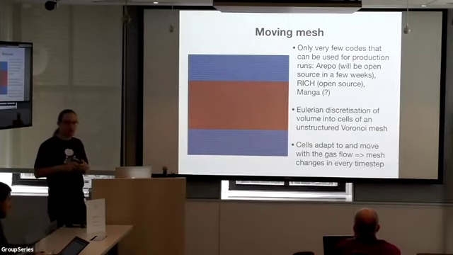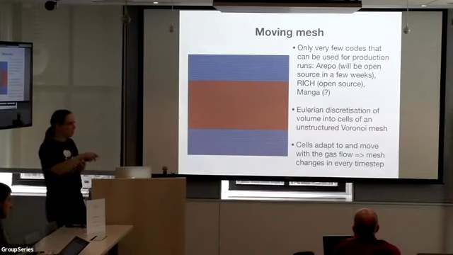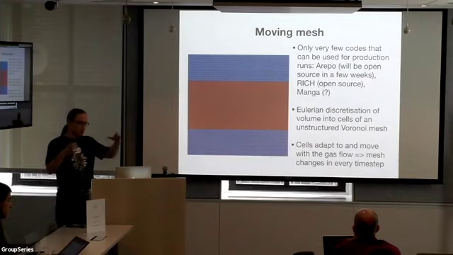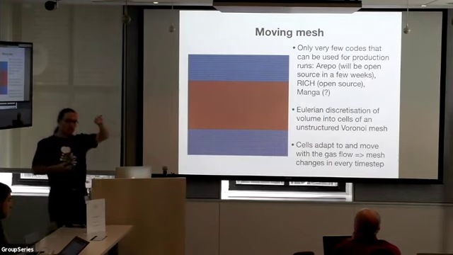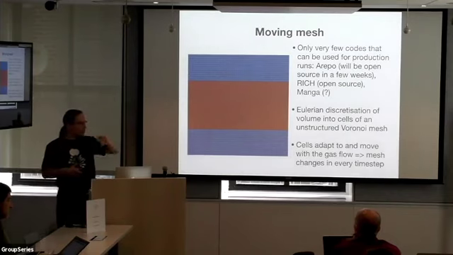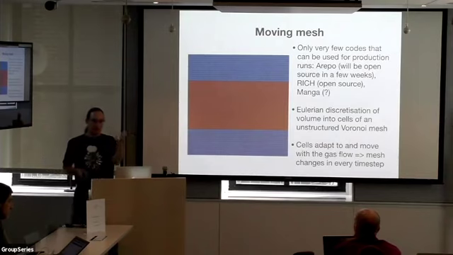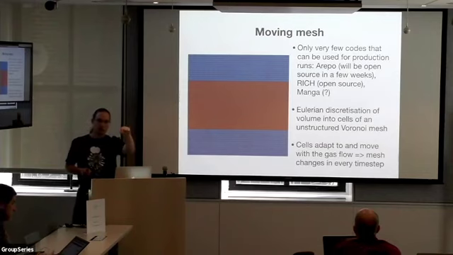The important property of this Voronoi mesh is that it's spanned up by a set of mesh generating points. The definition of the Voronoi mesh is that every mesh generating point spans up a single cell, and all the volume that's closest to this mesh generating point compared to any other point belongs to the cell.